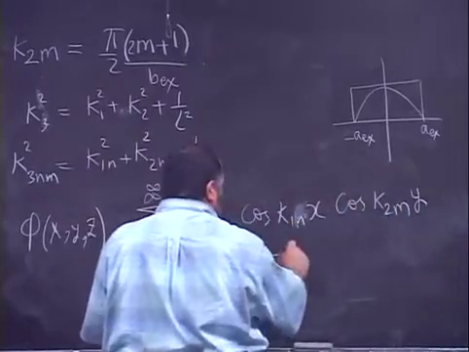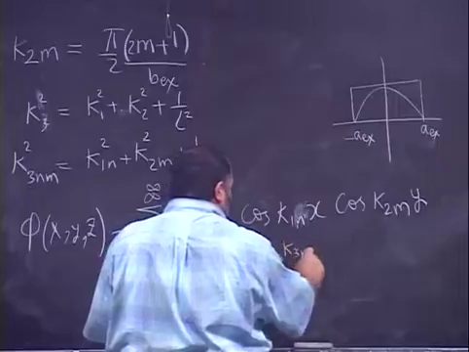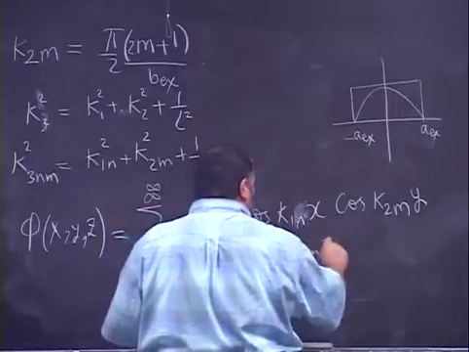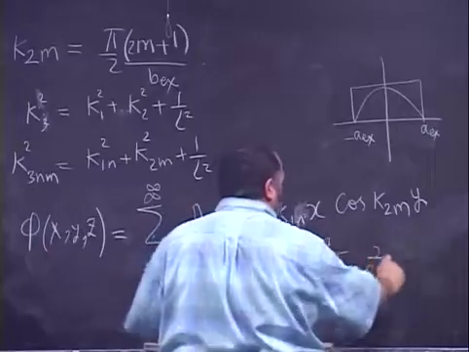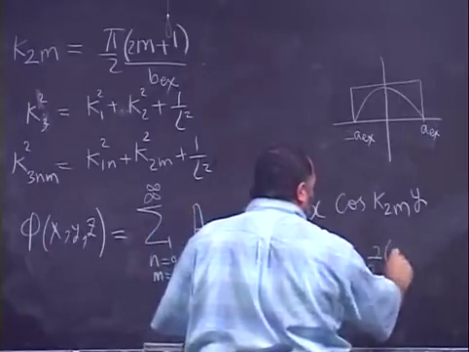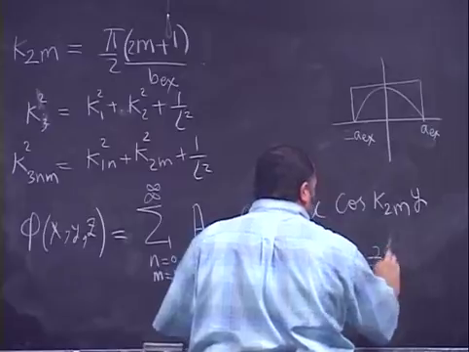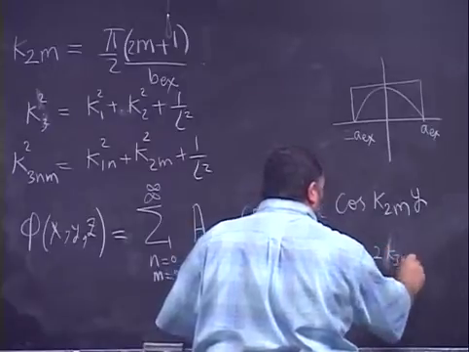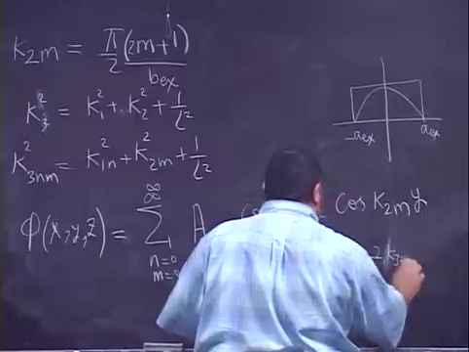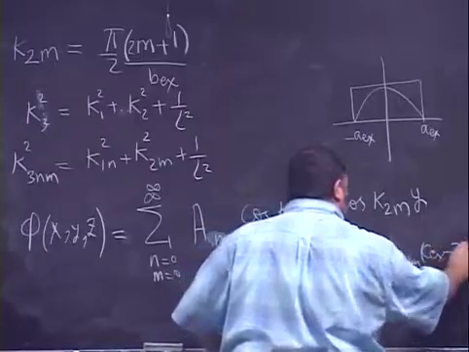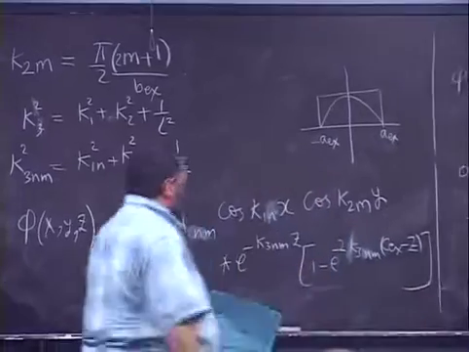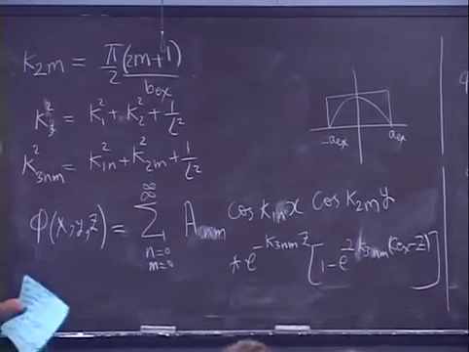E to the power of minus k3nm multiplied by what? Z, 1 minus e to the power of minus 2 multiplied by k3nm multiplied by C extrapolated minus Z, all of this. So this is the new formula for the flux now.